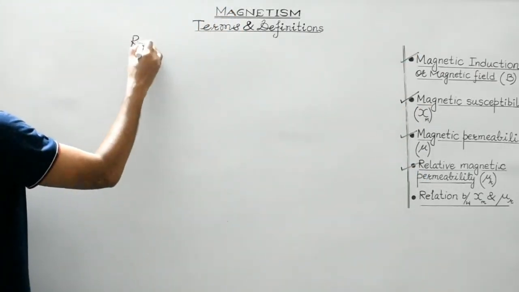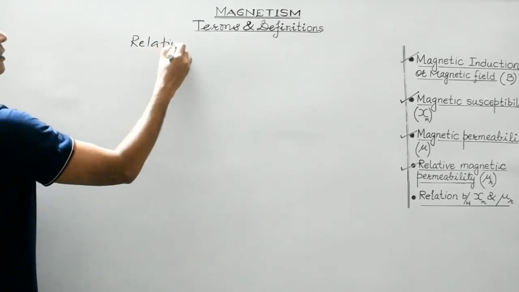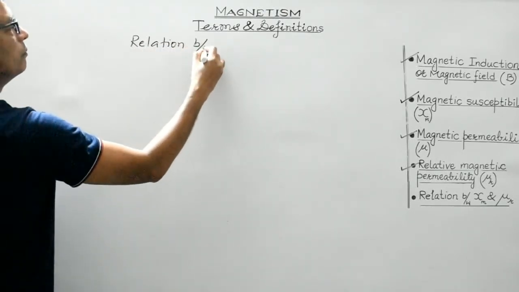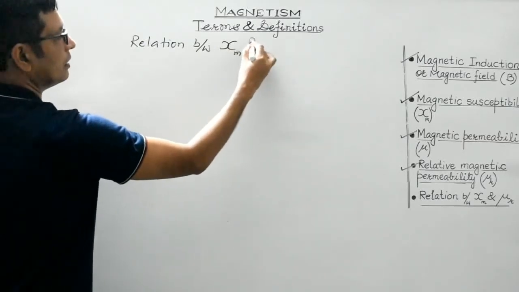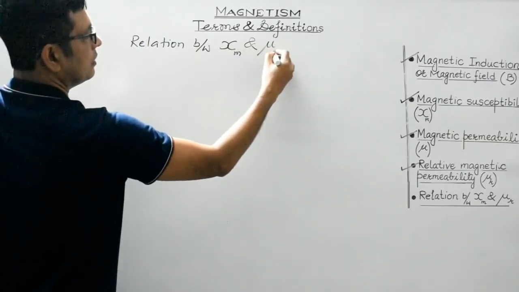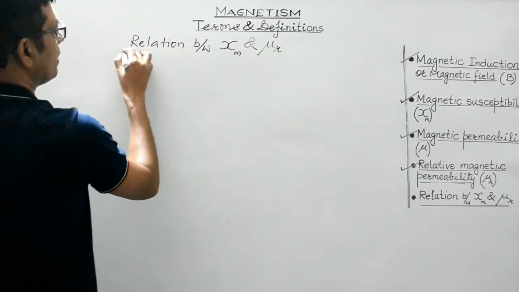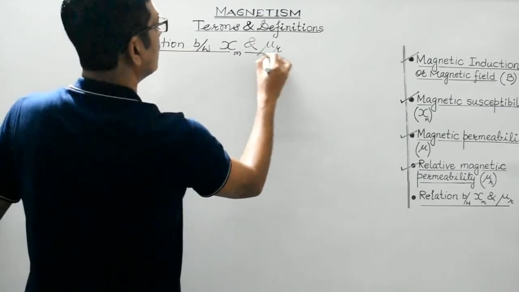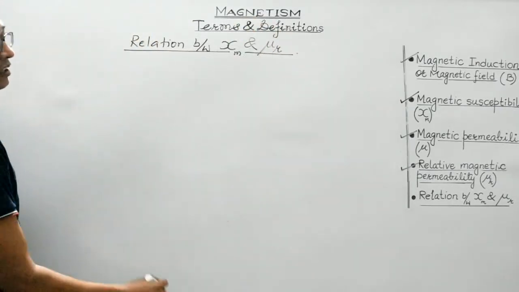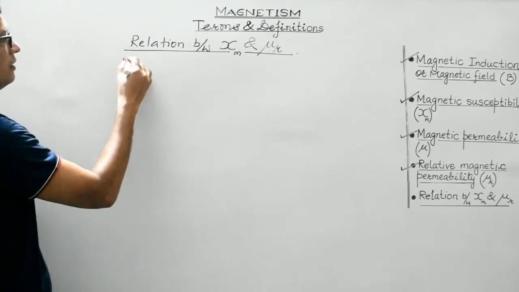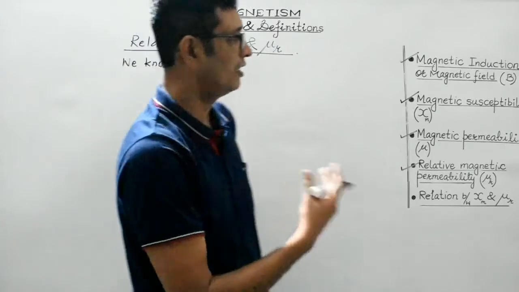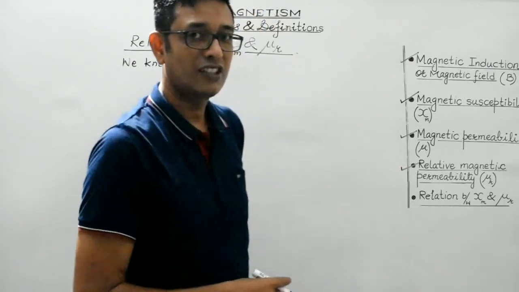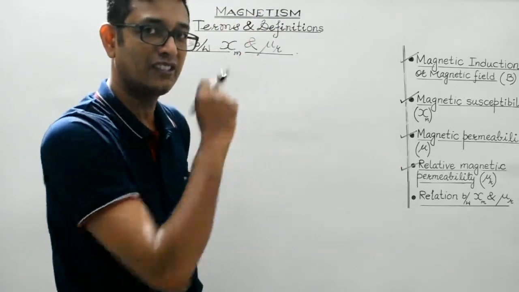So, let's find out the relation between magnetic susceptibility and relative magnetic permeability. Right? Okay. For this, we will make use of all the topics which we have discussed in this session and in the previous lecture.